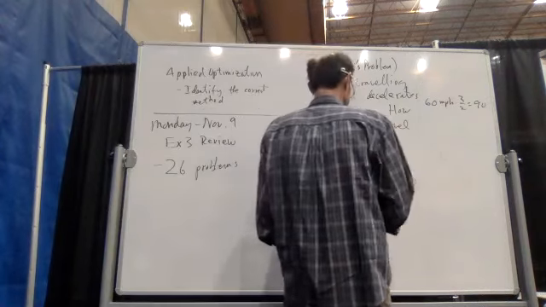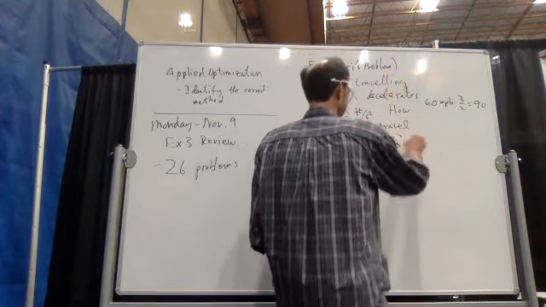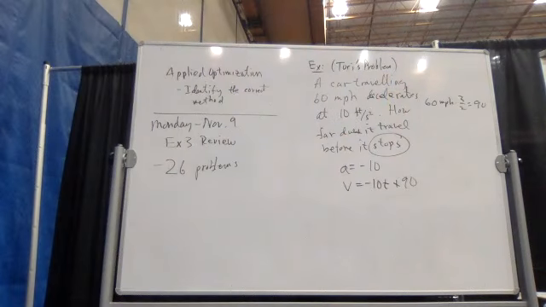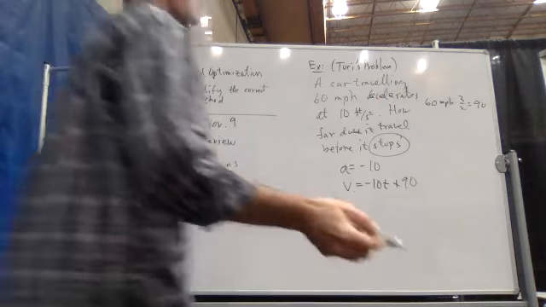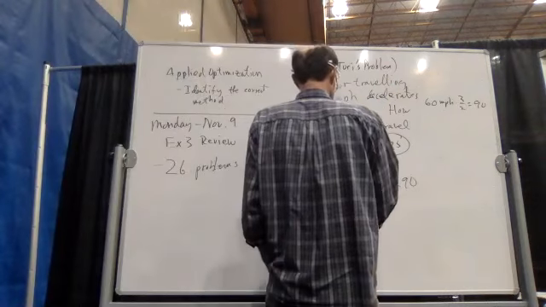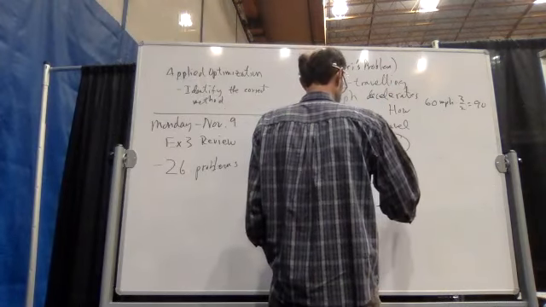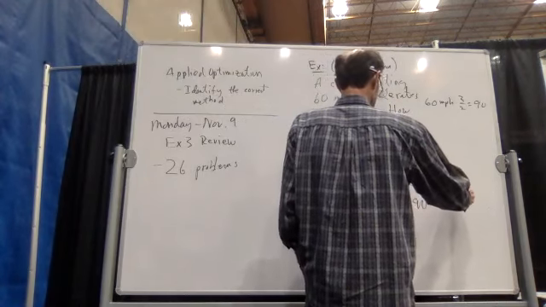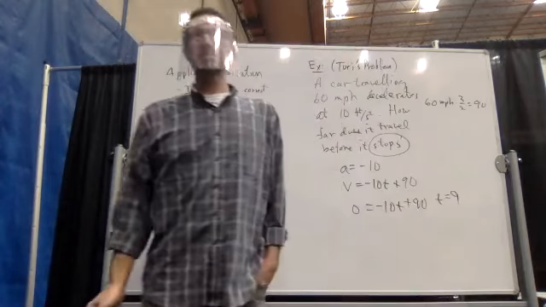So notice, what's my velocity when I stop? 0. So v equals 0. And you can solve that in your head. And what a nice problem I gave us, or Tori did, I don't know. It takes 9 seconds to stop.